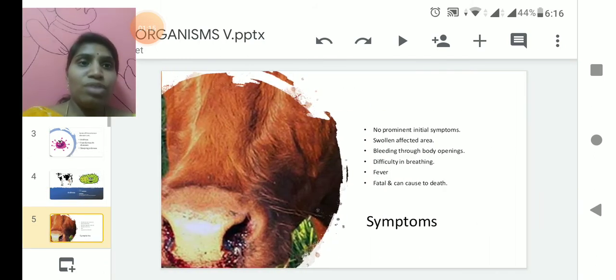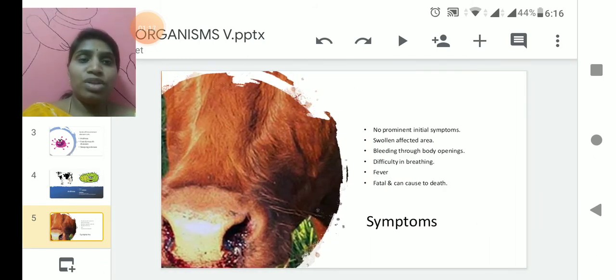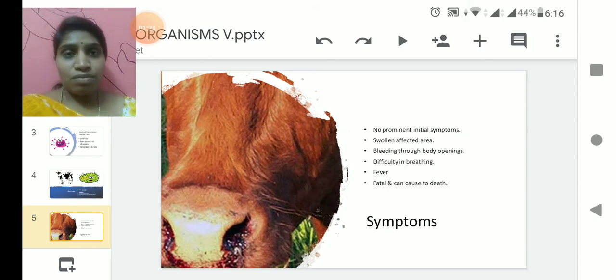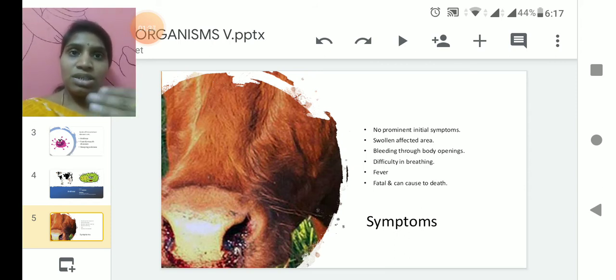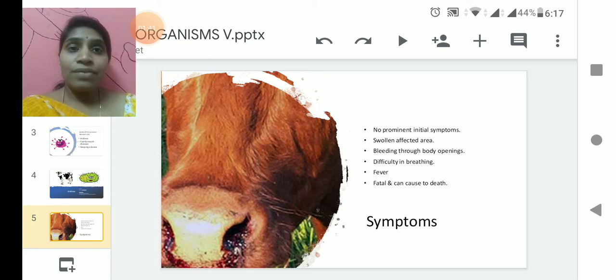When you look at the symptoms of this disease in animals, no prominent initial symptoms can be seen, so it is very dangerous, right? In the initial stage of the disease you can't see any symptoms. When it is getting severe, you can see swelling in the affected area and bleeding.